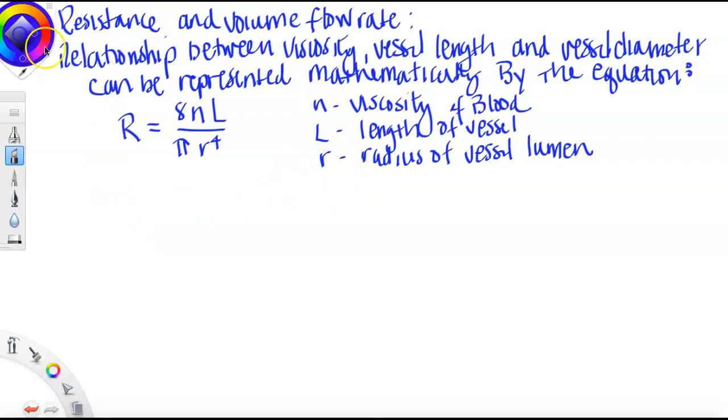So blood flow, which we'll call Q, equals delta P, the change in pressure, over the resistance.